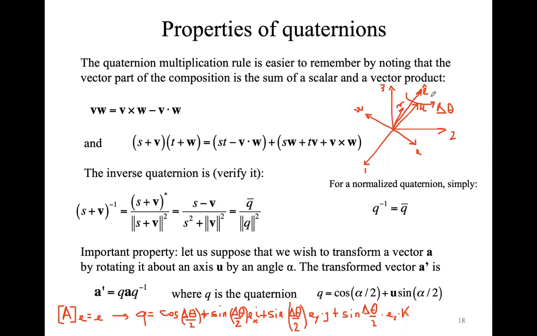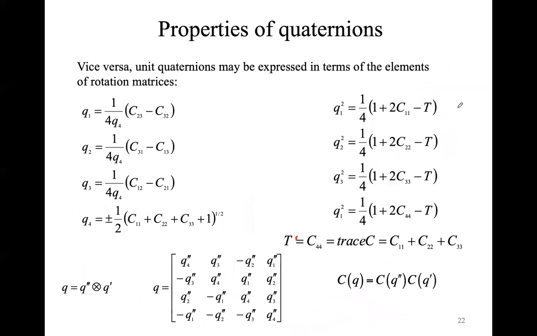Since the vector e is a versor, the independent elements of this versor are only 2. The other element that you need is the instantaneous rotation, so you have another parameter. So it will be 2, given by the fact that you have a versor e, plus another parameter that is delta theta. So the minimum number of parameters is 3.